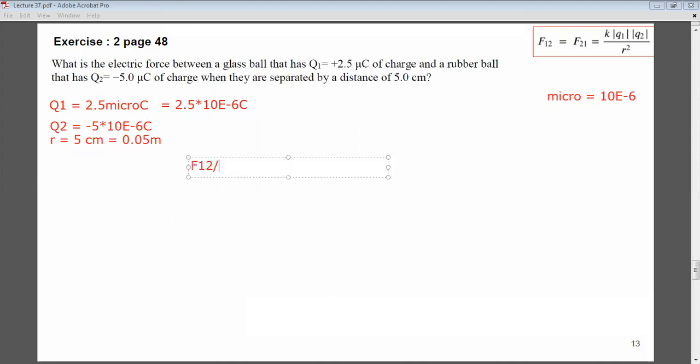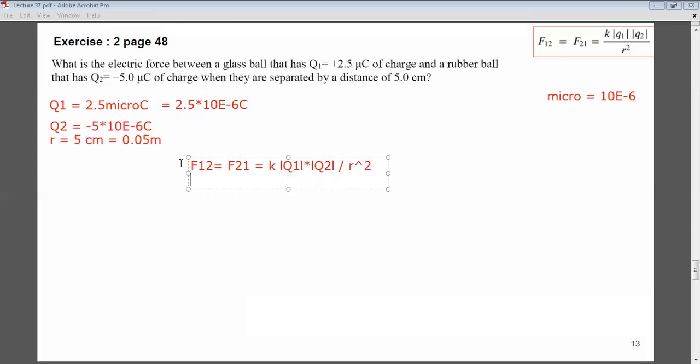F12 is equal to F21 is equal to K, the absolute value of Q1 times the absolute value of Q2, divided by r squared.